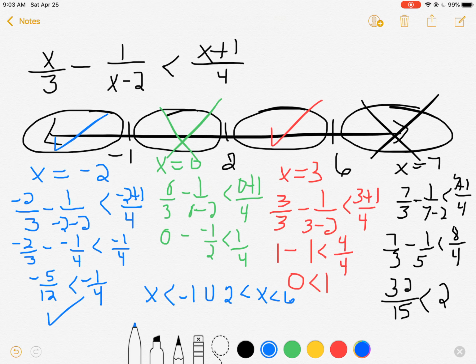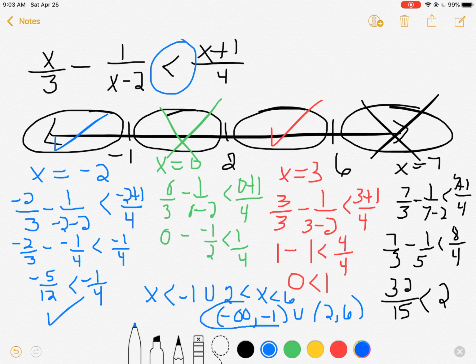Or you can write it as an interval. You can say -infinity to -1 in union with 2 to 6. Now, since the original inequality didn't have an equal to line, we wouldn't have any brackets here. They would be all parentheses. Okay, and that's my solution.